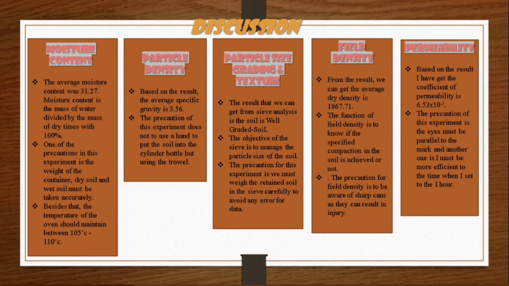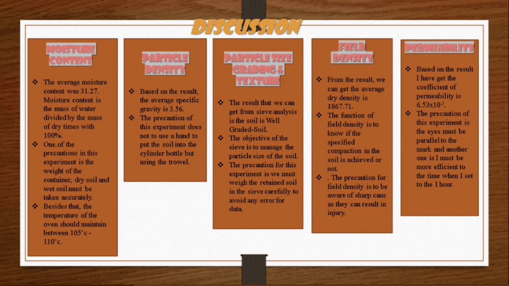For the field density, from the result we get the average dry density is 1867.71. The function of the field density is to know if the specified compaction in the soil is achieved or not. The precaution for field density is to be aware of sharp cans as they can result in injury.